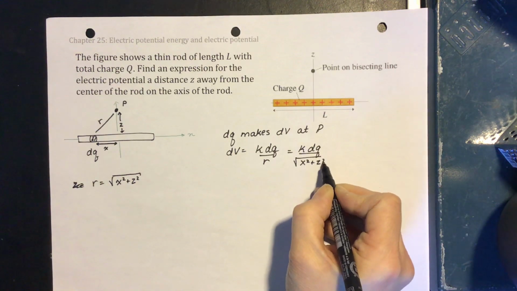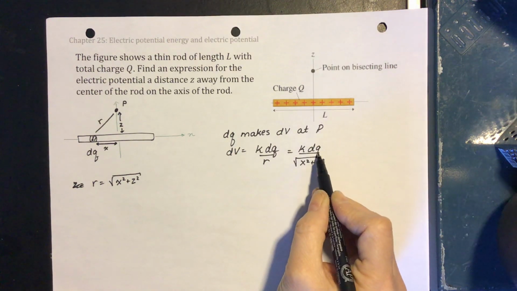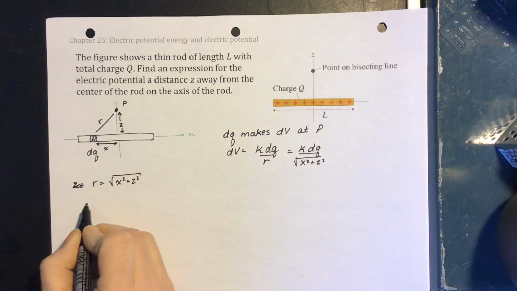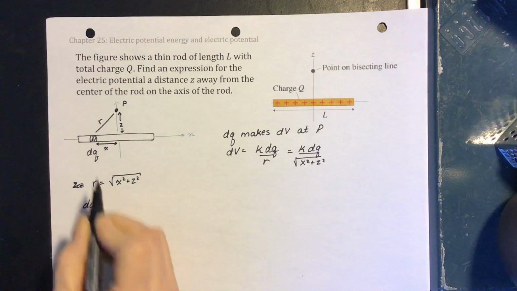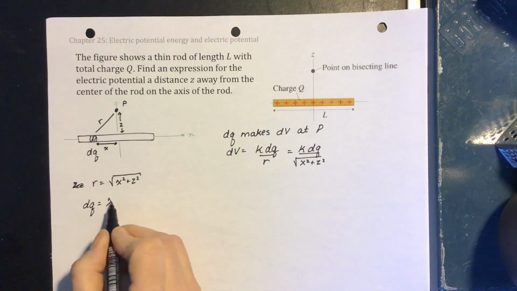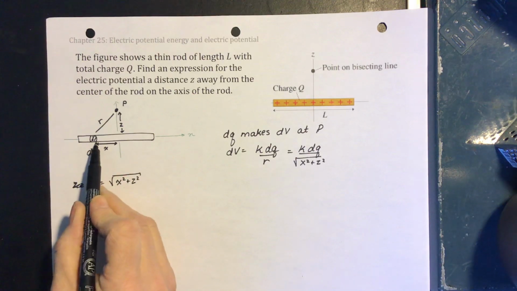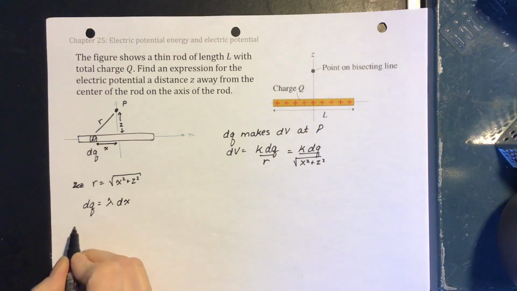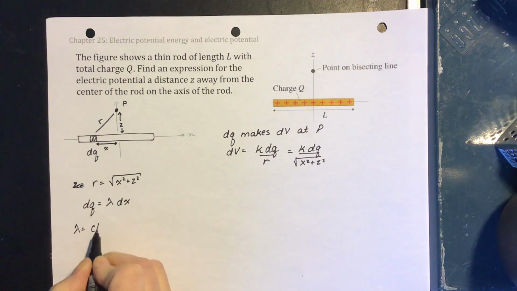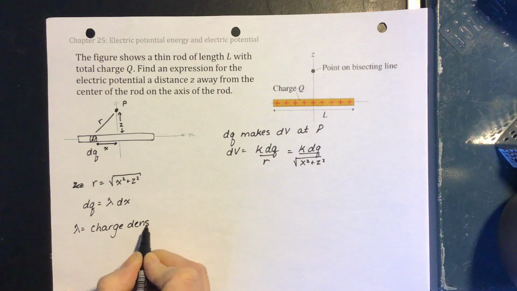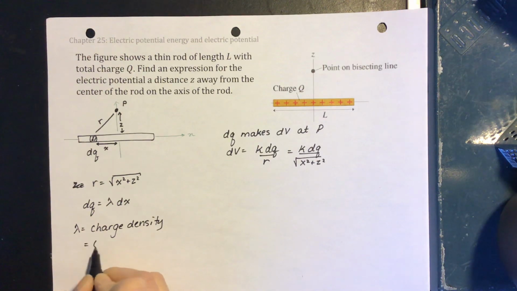What are we going to do about our dq here? Well, the size of this charge dq, the amount of charge on this element of charge, is the charge density times the length of this charge. The length of this charge is a little bit in the x direction, so the length is dx. So lambda is the charge density, and that's the net charge divided by the length of the rod.